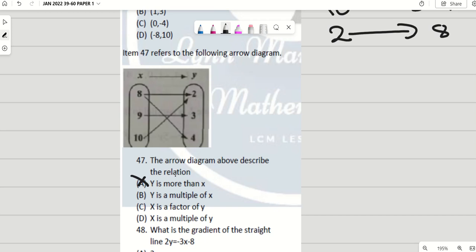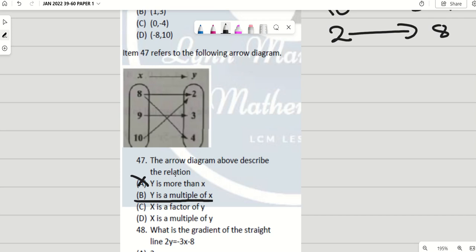We connected 2 and 8. Is 8 a multiple of 2? Yes. What about 3? Is 9 a multiple of 3? Yes. 2 is also a multiple of 10 and 4 is also a multiple of 8. So this could be your answer. So you are connecting your y's and looking at 8. You're going to ask yourself, is 8 a multiple of 2?